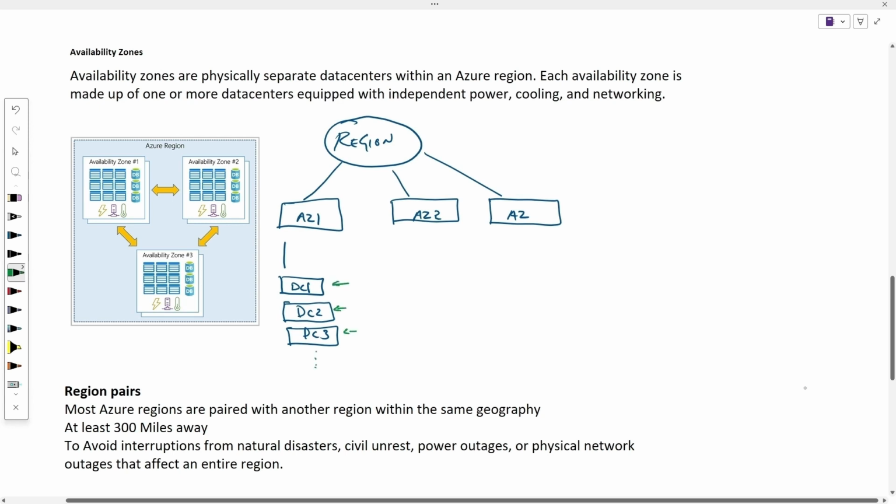So there can be multiples of data center. It is not limited to 1, 2, 3. There can be many more data centers within an availability zone. Let us take an example of region and availability zone. If I take an example of a region which is in North Europe, we have a region in Ireland.